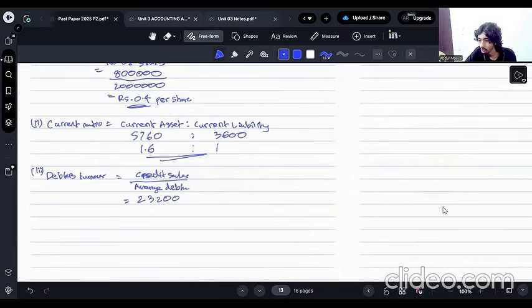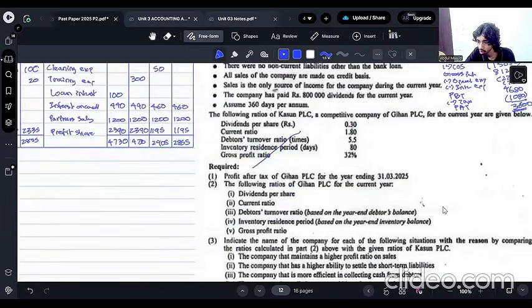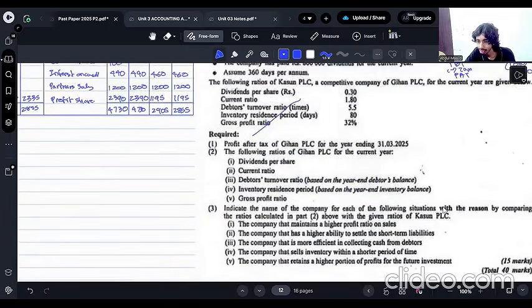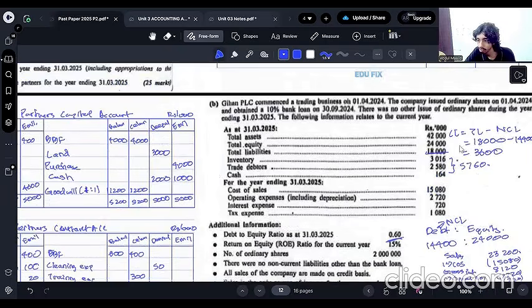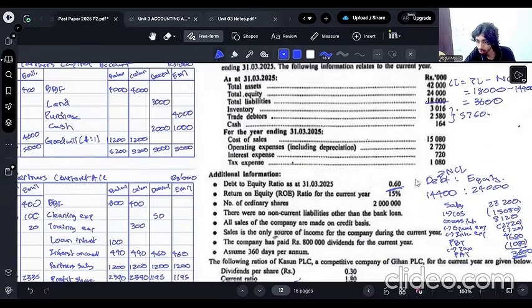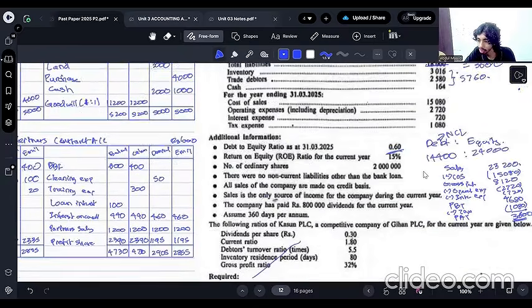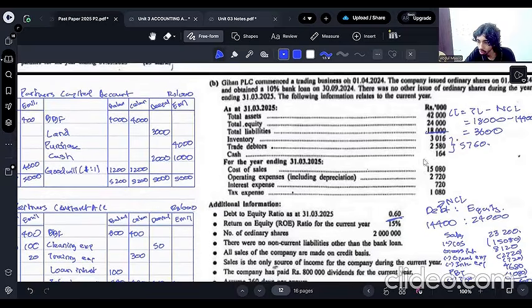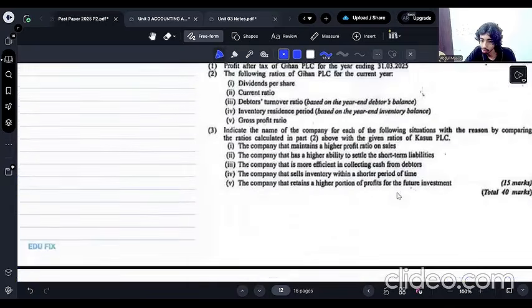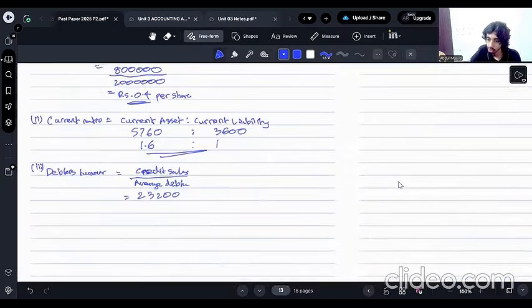Now here, this is a newly started business, right? When you have a newly started business, you don't have opening debtor balance. Therefore, you can take your closing debtor balance. And here they are also saying in the question to calculate debtor turnover ratio based on the year-end debtor balance. Year-end debtor balance is 2580.